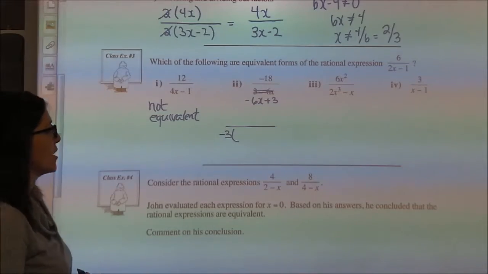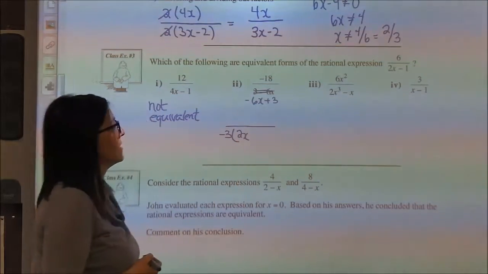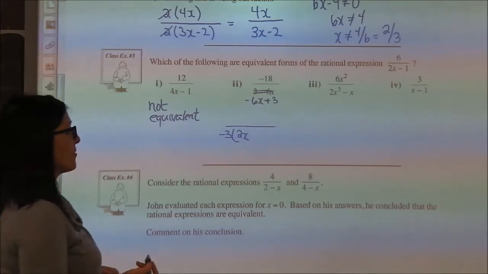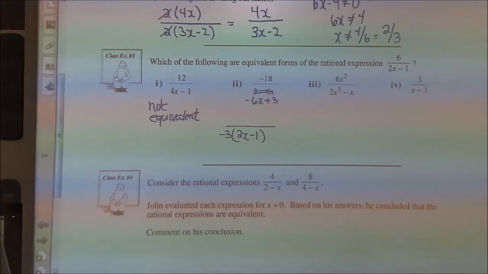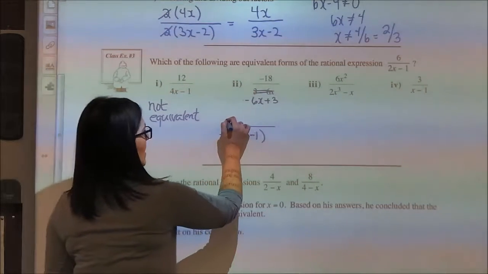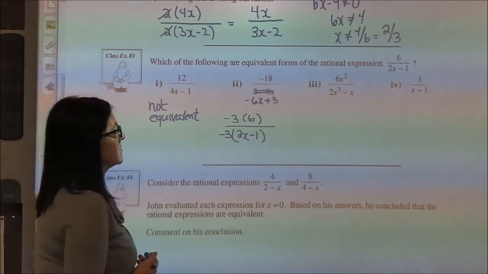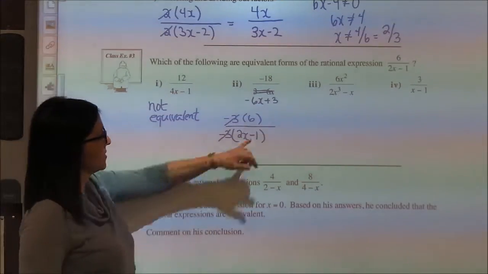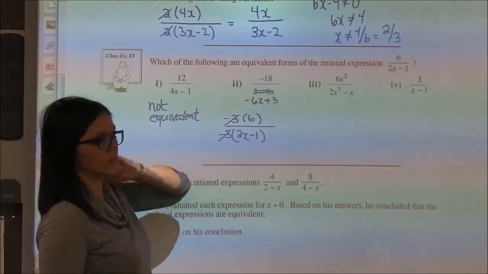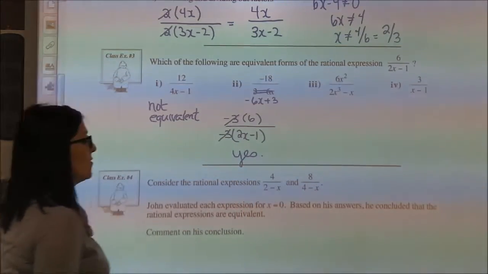So negative 6 divided by negative 3 gives me a positive 2x. 3 divided by negative 3 gives me a negative 1. And then on the top, negative 18, I could write as negative 3 times 6. The negative 3 factors will cancel out, leaving me with 6 over 2x minus 1, which is equivalent.